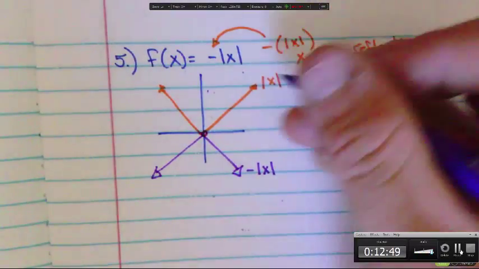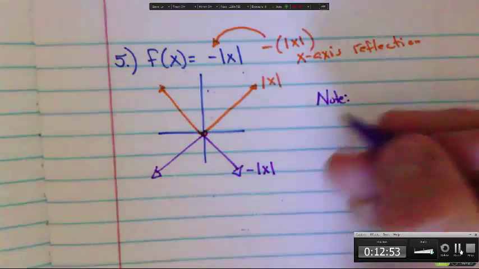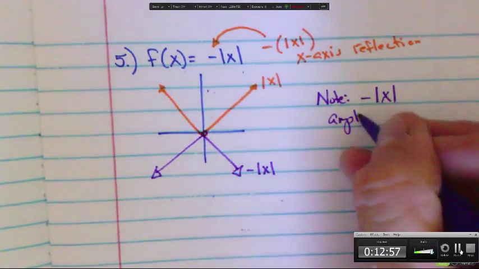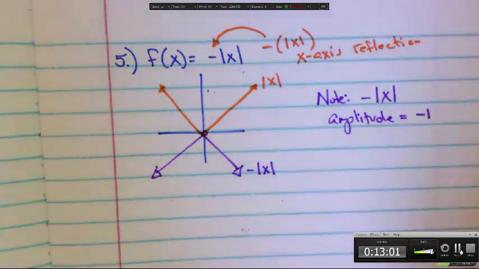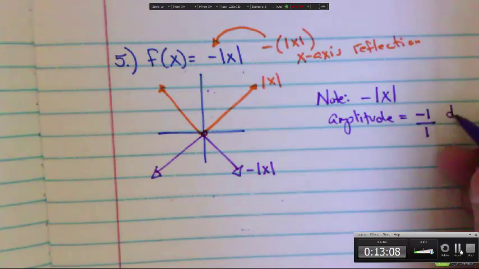And if you think about this, note, negative absolute value of x. The amplitude is the number in front of the absolute value. There's a negative 1 there, which can be written as negative 1 over 1. And if you remember when we did slope, negative 1 means we wouldn't go up 1, we would go down 1, right 1.